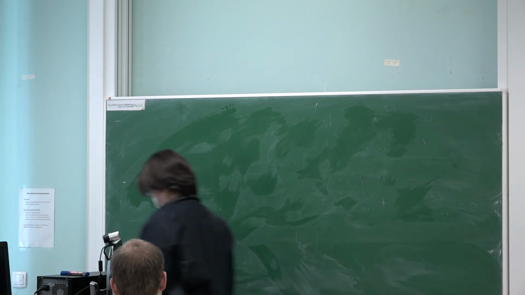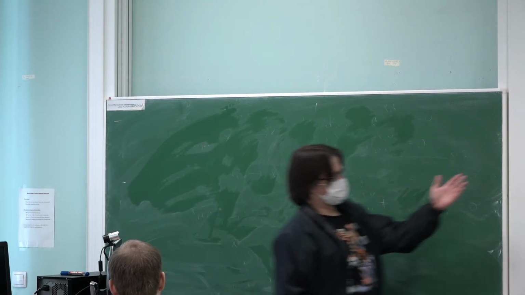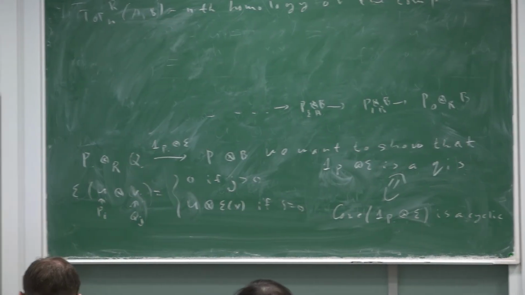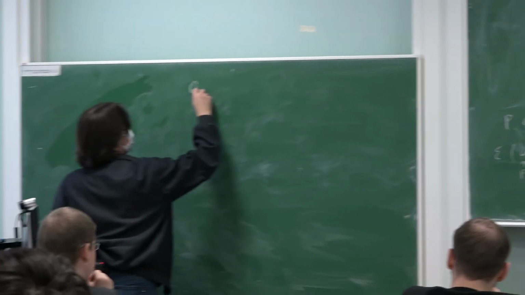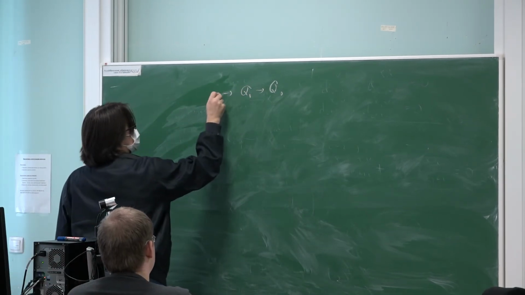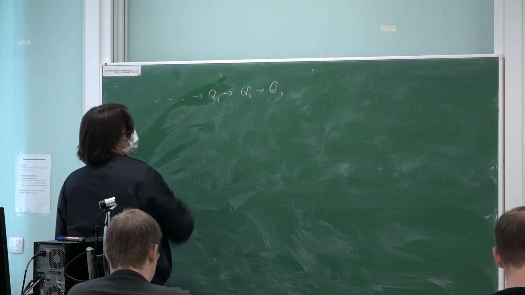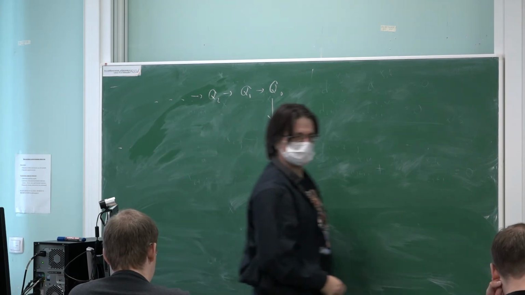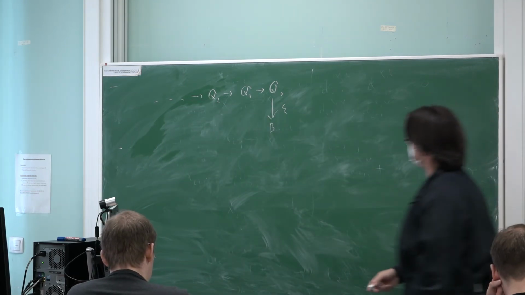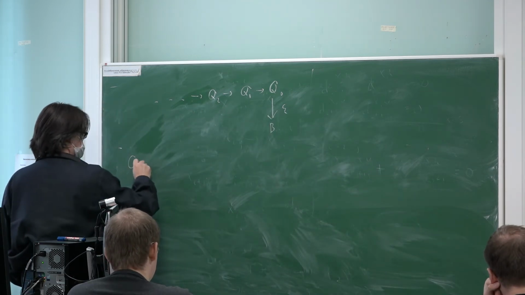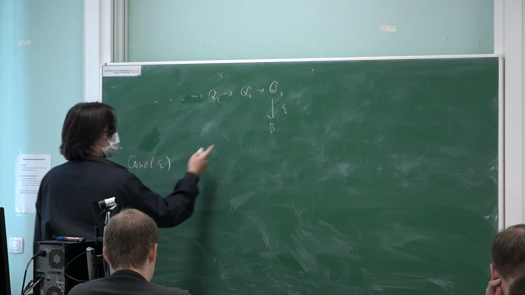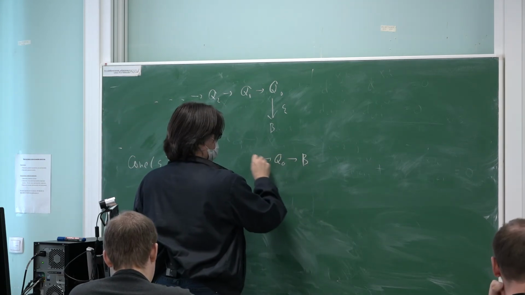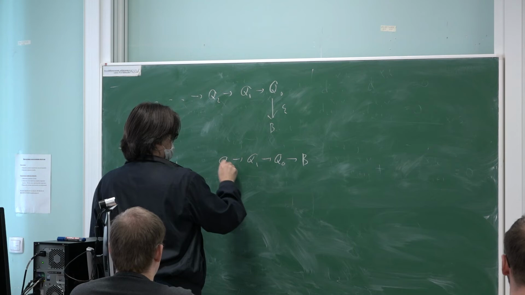But what's the cone of this map? If you consider, for example, Q_0, Q_1, Q_2, and so on, and you consider the map epsilon, the cone of epsilon is simply the complex B, Q_0, Q_1, Q_2, and so on.